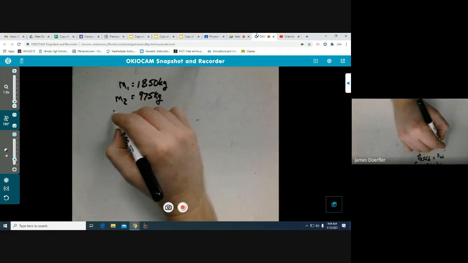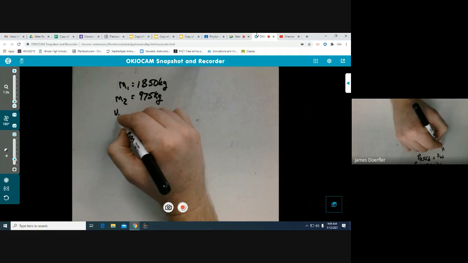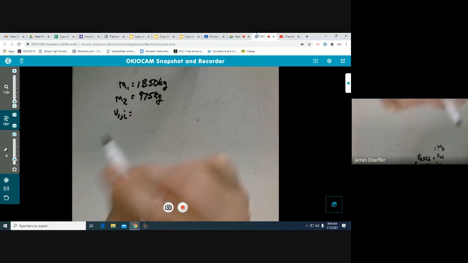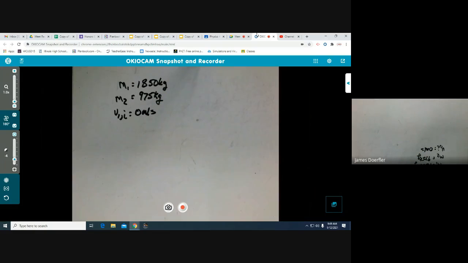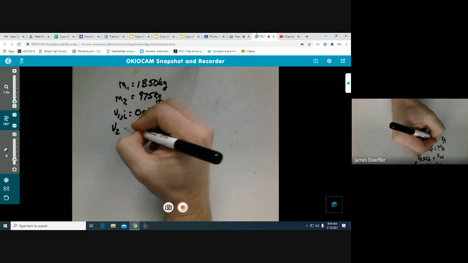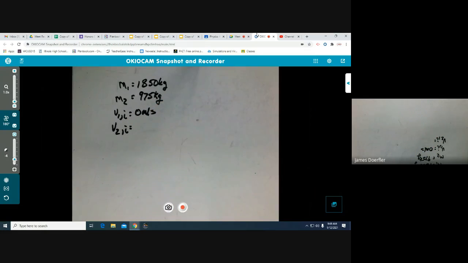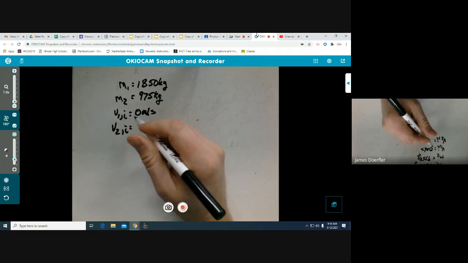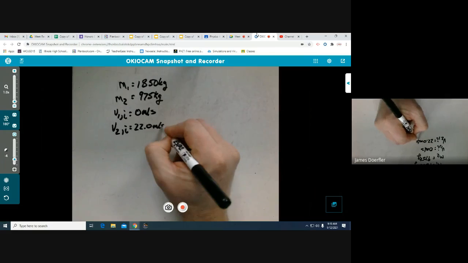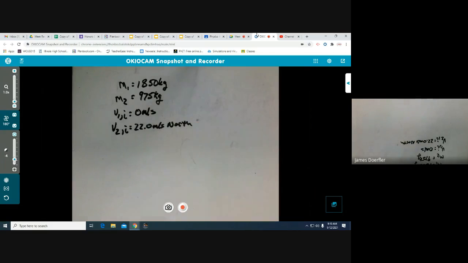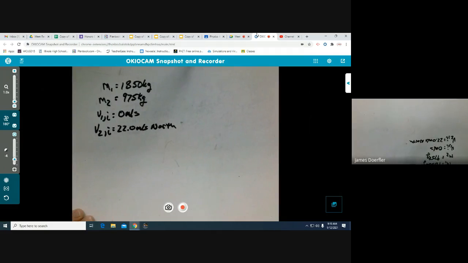Can anybody tell me what the initial velocity of the luxury sedan was? 0. It said it was stopped at a stoplight. And the initial velocity of the second car, we are told, was 22.0 meters per second north. All right, so that's really all the information we need.